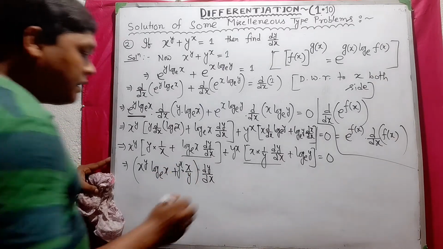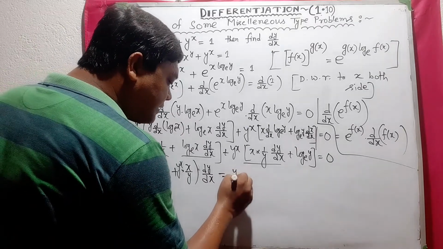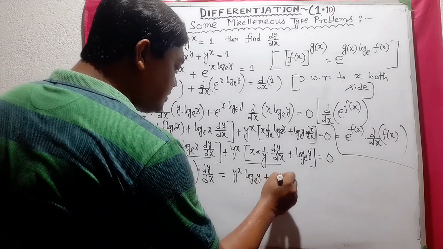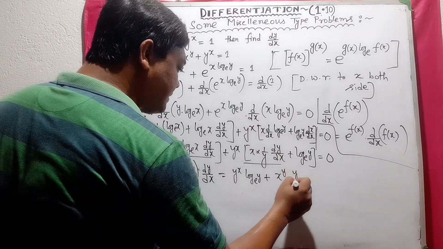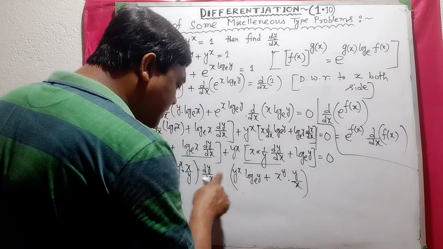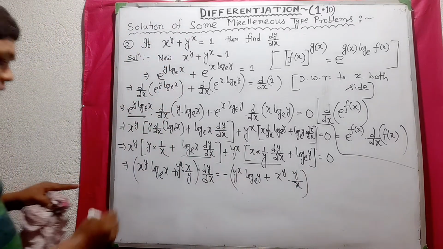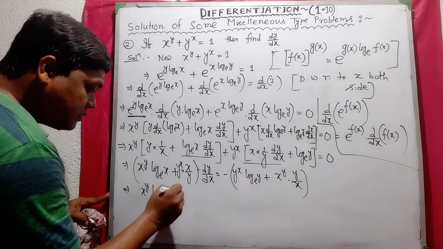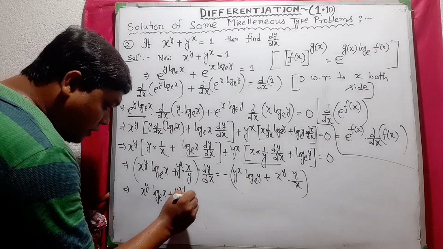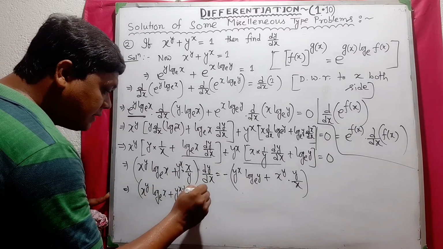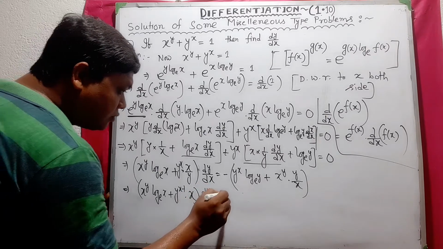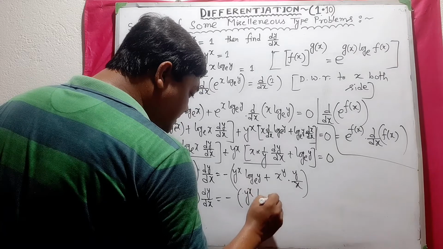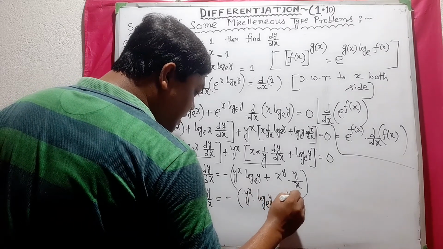Okay, dy/dx equals, what did we do, y to the power x log y base e plus x to the power y into y by x, and since we have taken the total to the right hand side, there is a negative sign. Clear? So after simplification, x to the power y log x base e plus y to the power x minus 1, according to the indices rule, into x, dy/dx equals minus y to the power x log y base e plus x to the power y minus 1 into y.